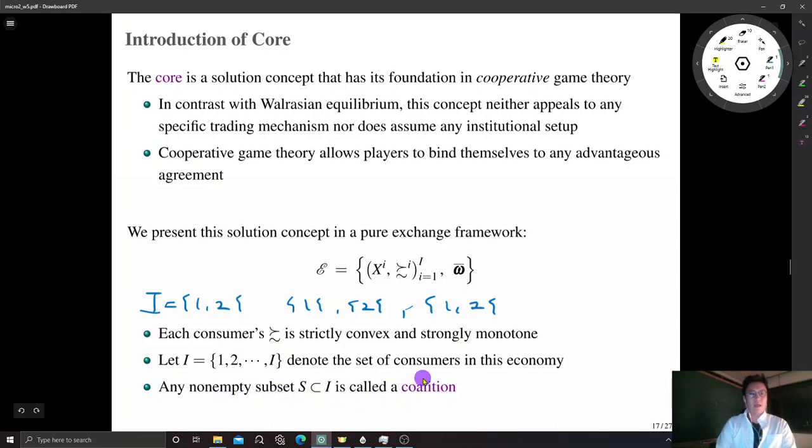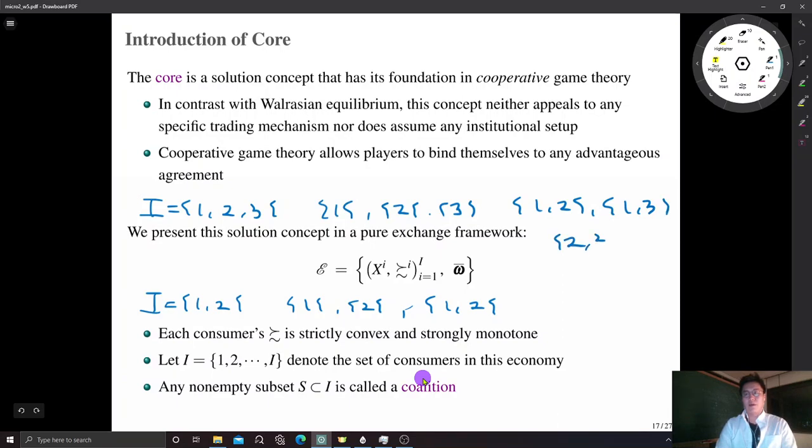Okay, and in case of three consumers, we have a total of 7 possible coalitions. Each individual working individually, and 1 and 2 make a coalition, and 1 and 3 make a coalition, and 2 and 3 make a coalition, and there is a grand coalition. So every individual joins this club, joins this coalition.